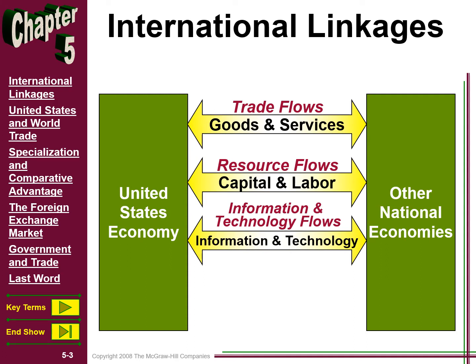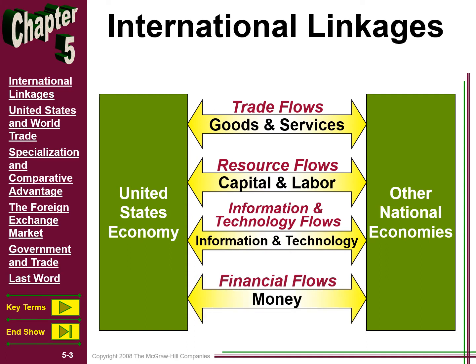The last one ties it all together with where's the money going? Financial flows. As we mentioned on the previous slide, we'll talk about exchange rates. If a Japanese manufacturer produces some type of electronic circuitry, they don't want to be paid in dollars, they desire to be paid in yen.